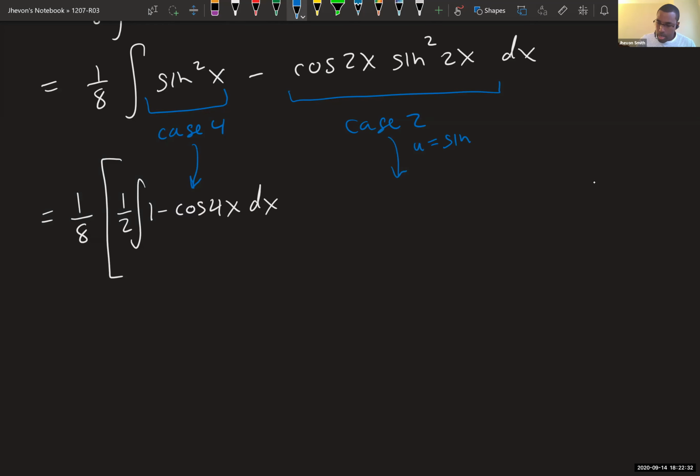u equals the sine of 2x. My du is going to be 2 cosine 2x dx, so it's going to become 1/2 down here. So that would be minus 1/2 times u squared.